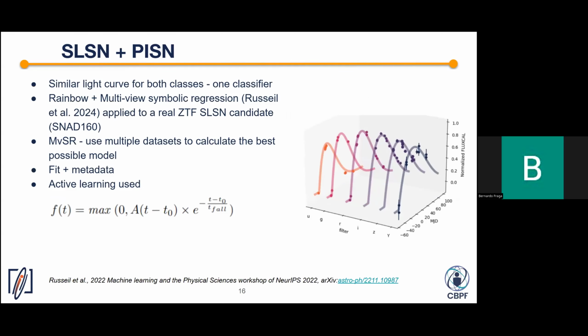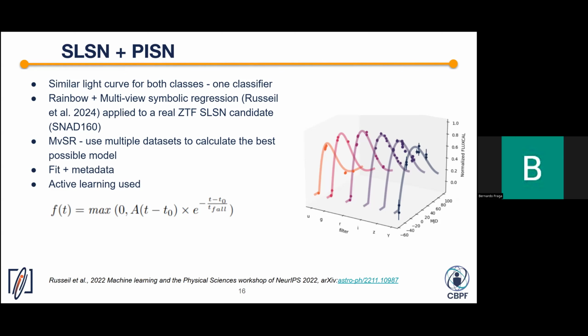Okay. And finally, not the last one, it's the superluminous supernovae classifier, which actually includes both superluminous supernovae and pair-instability supernovae. Since they're both very similar, they decided to include them both as one classifier.